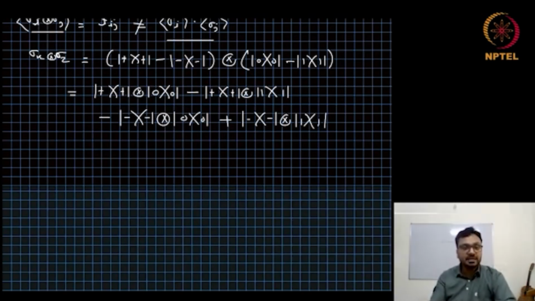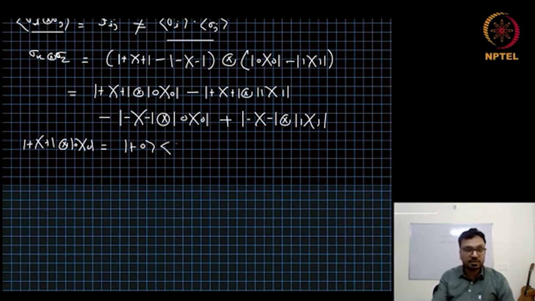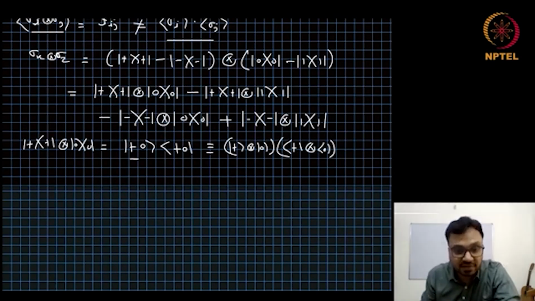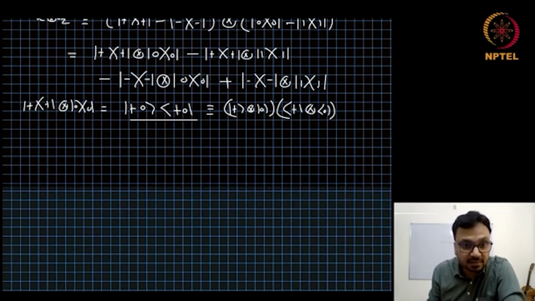This is what we get, that the spectral decomposition of sigma x tensor sigma z can be written in this form. We can simplify it. Here we have |+><+| tensor |0><0|, which we can write as |+0><+0|. To save time and space, we will write it this way.